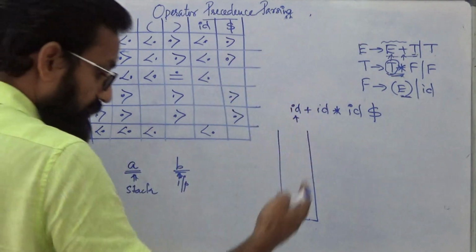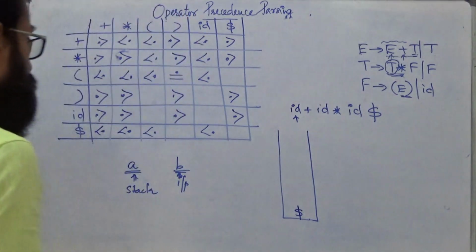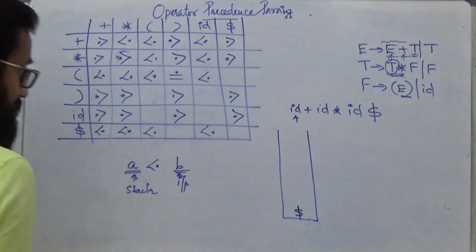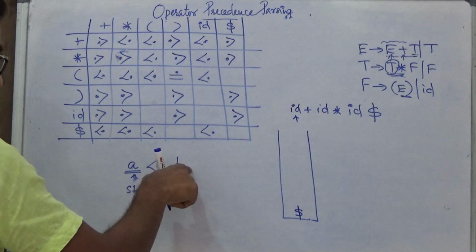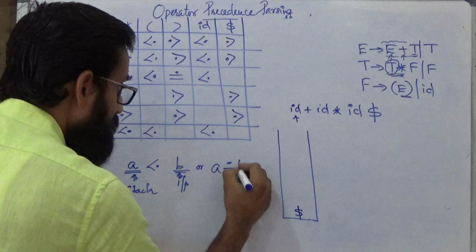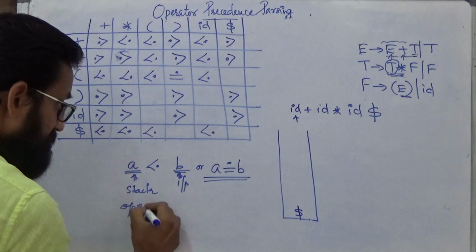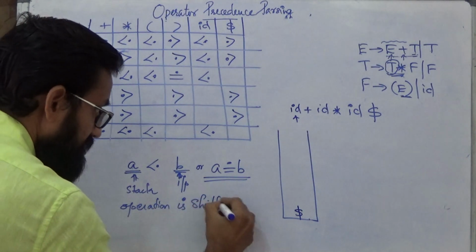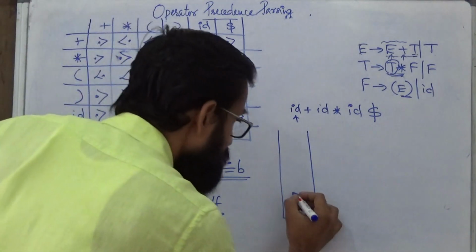So if the input encountered has higher or equal precedence, that is, A has lesser precedence as compared to B, or A has equal precedence as B, the expected operation is a shift operation. Shift actually represents the push operation of the symbol. So ID will be pushed into the stack.